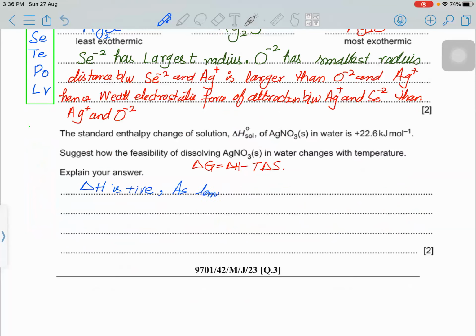As temperature increases, T delta S becomes more positive, hence delta G will be negative.